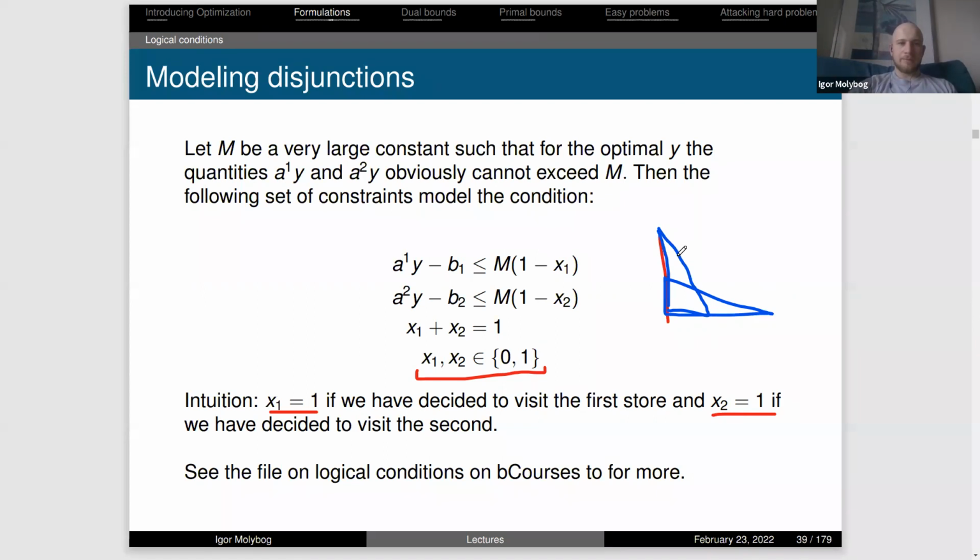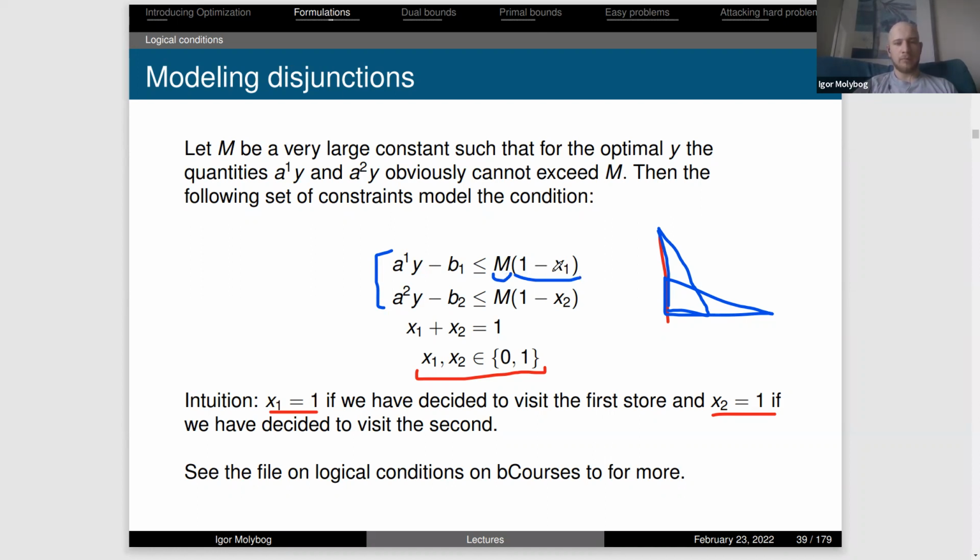Basically this can be implemented with two inequalities that say a1 y minus b1 is less than or equal to M, some big number that is bigger than anything in the problem, times 1 minus x1.